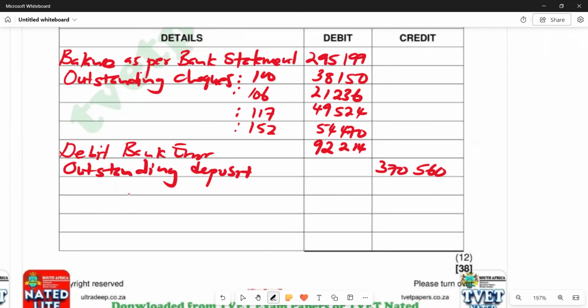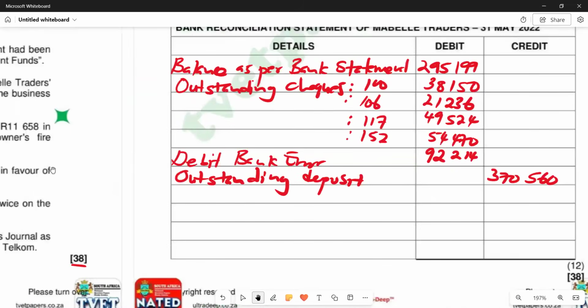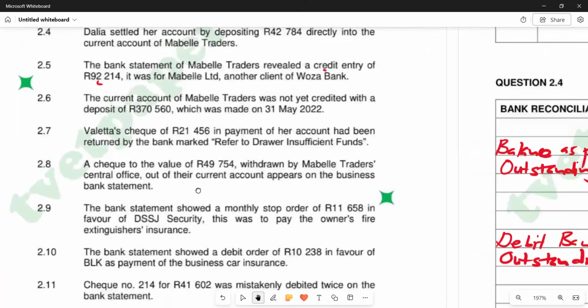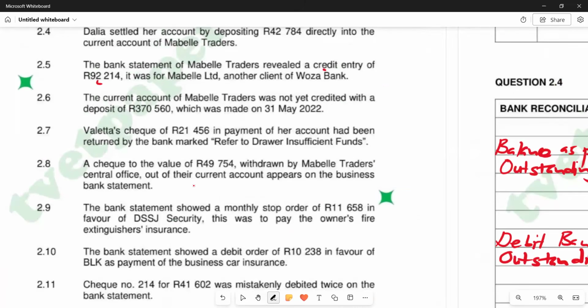Right. So we go to the next one, see what exactly do we have. So after 370,560, we have got item 2.7. Valeta's check of 1,456 rand in payment of her account had been returned by the bank marked refer to drawer, insufficient funds. What does it mean? It means this was a dishonored check.